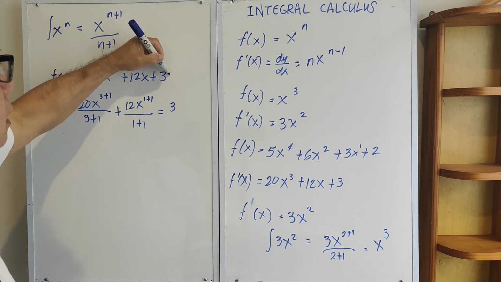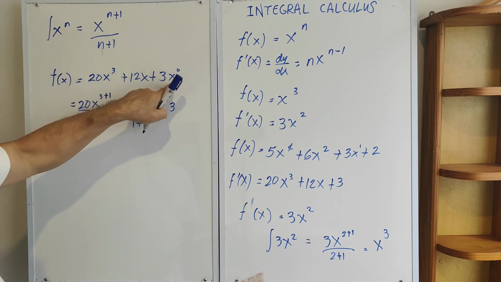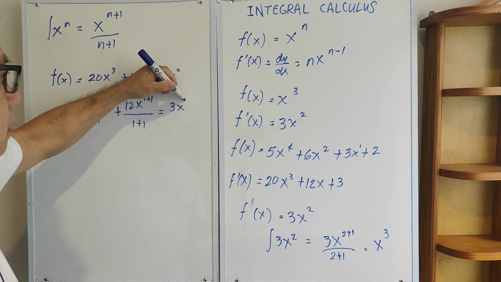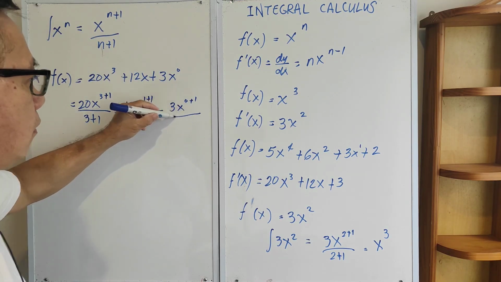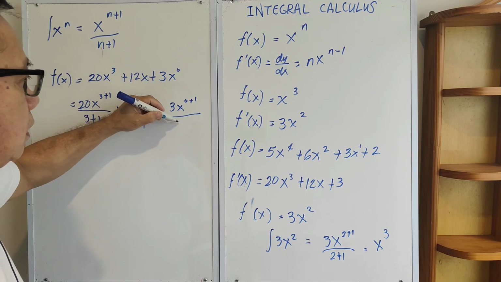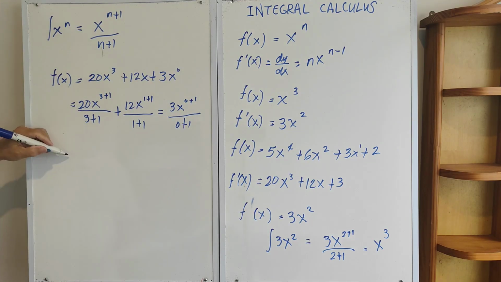This one is actually x to the 0, and x to the 0 is 1, so x to the 0 plus 1 over 0 plus 1.